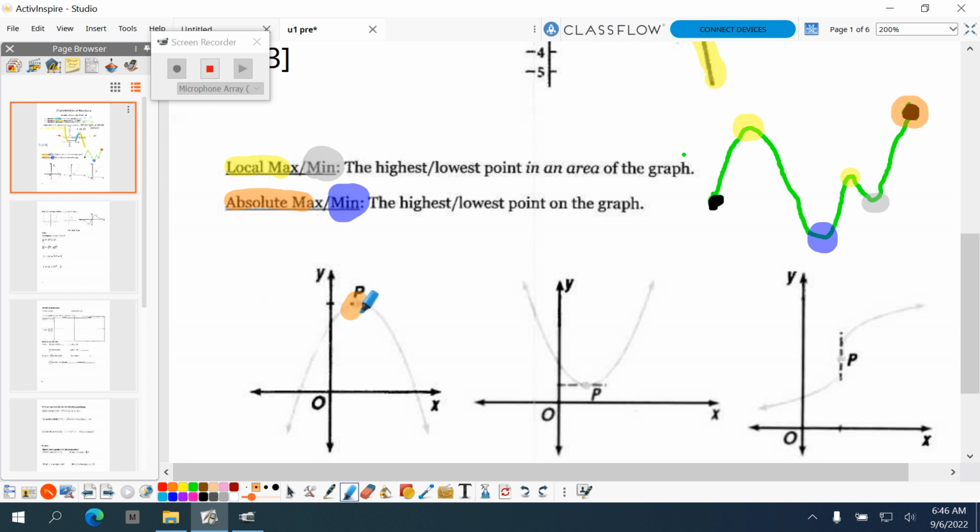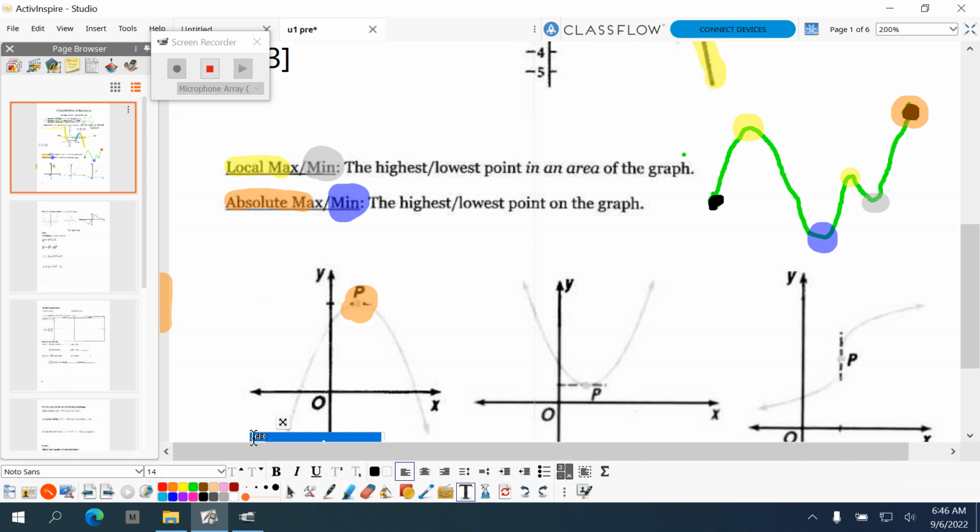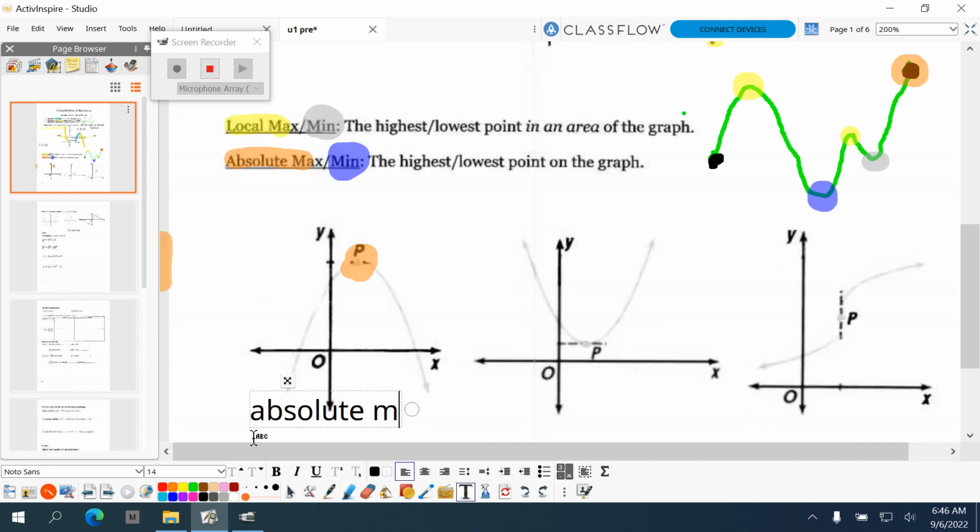There is no absolute minimum, and in fact there are no minimums at all. So when we're labeling these things, we want to write that down. Okay, so we have an absolute maximum here.